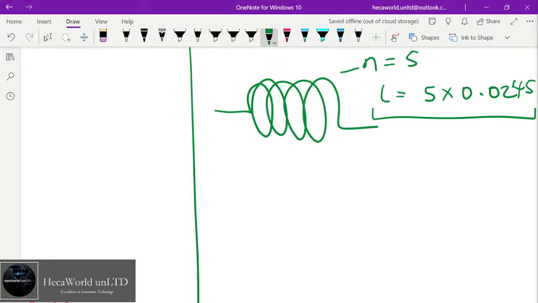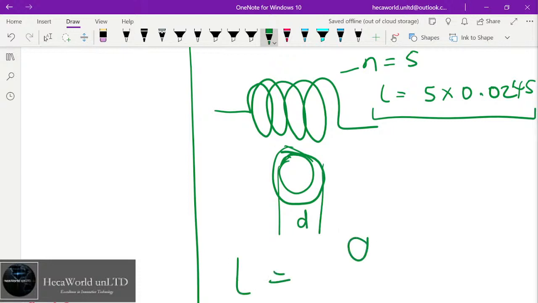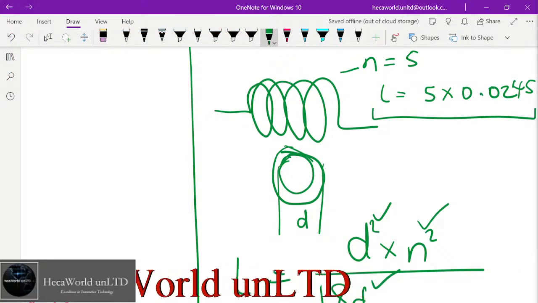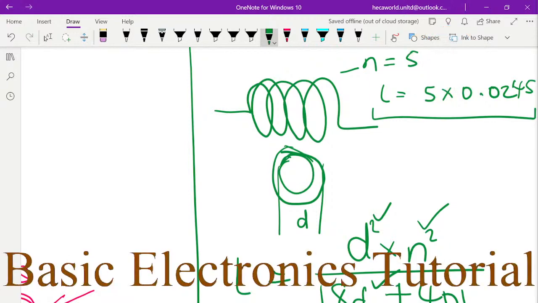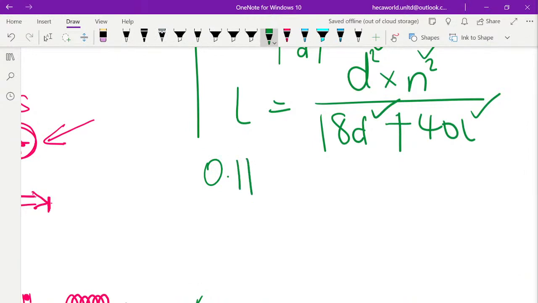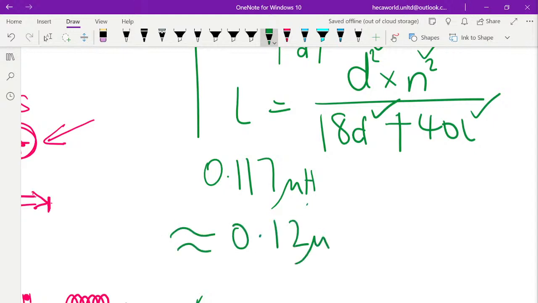We already know our D squared because we know the width of our wire, and we just get our D from there. So L is D squared, N squared, 18D, we know the value there, plus 40L, we already know the value there. When we calculated, we got a value of about 0.1117 microhenry, something like that, approximately 0.12 microhenry.